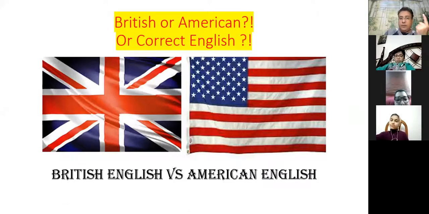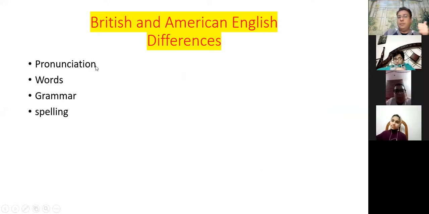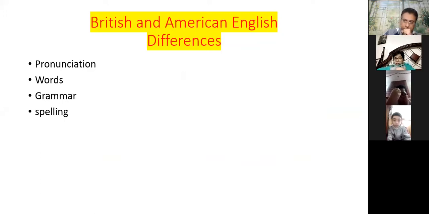Why there is... Started with the differences in pronunciation, words, grammar, spelling. Session one or lecture one or week one, we talked about the difference in pronunciation between British and American accents.